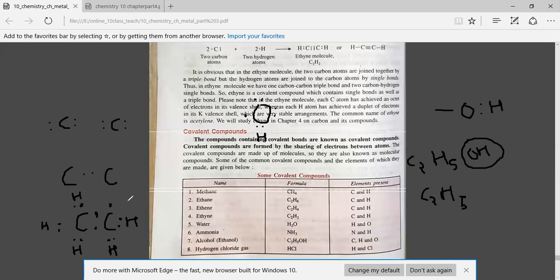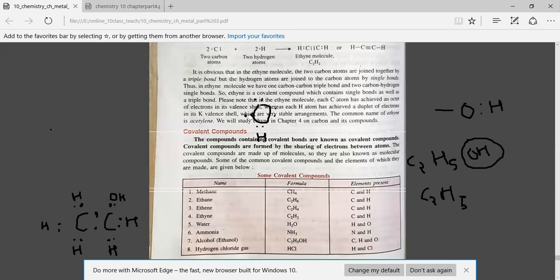So what will happen? The oxygen will come here. This functional group will come here, and it will form like this, O and H. Okay, so this will be the structure of the alcohol, or we can say ethanol.